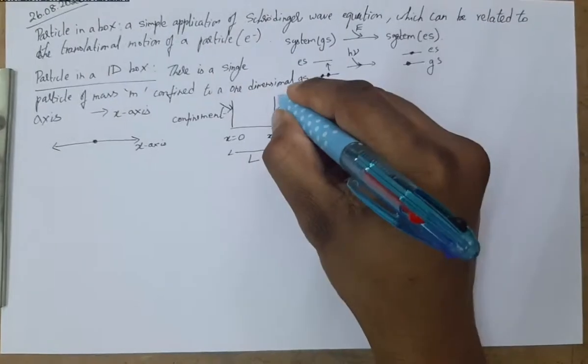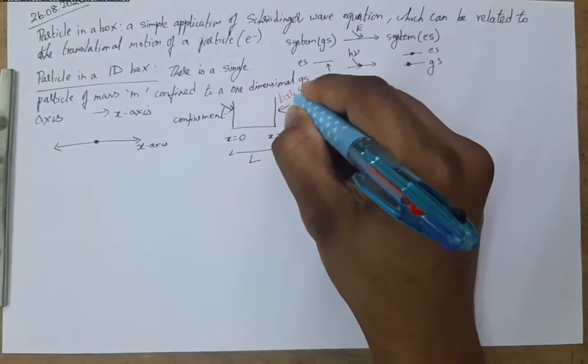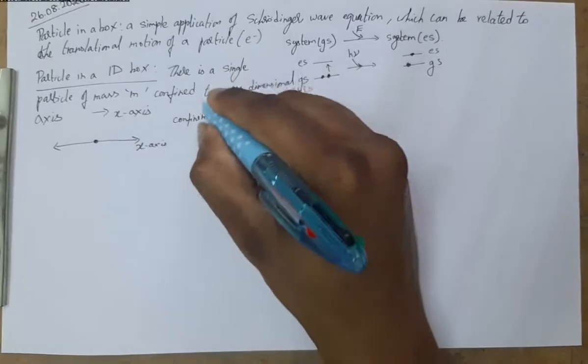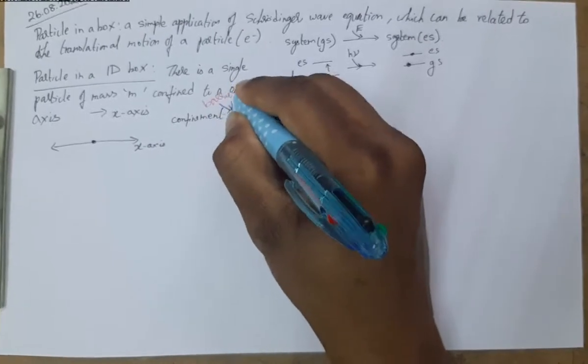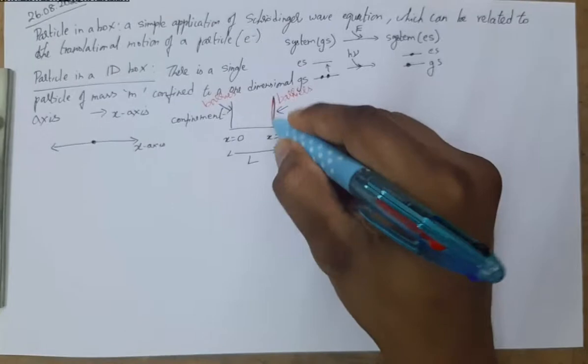So you place some very high barriers on either side.